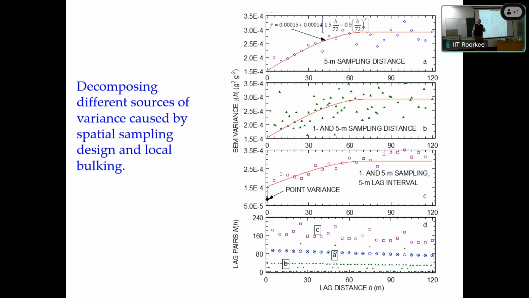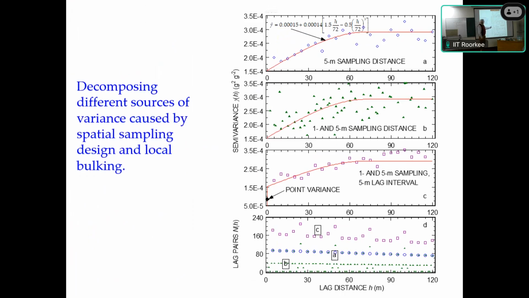But it would not allow us to use distances of 1 meter, 5 meter, 6 meter, then the next would be 10 or even 9. Anyway, we have an assortment of distances. So for that, I wrote my own little computer code for telling the code, these are the lag distances for which I want the semi-variogram value to be calculated.